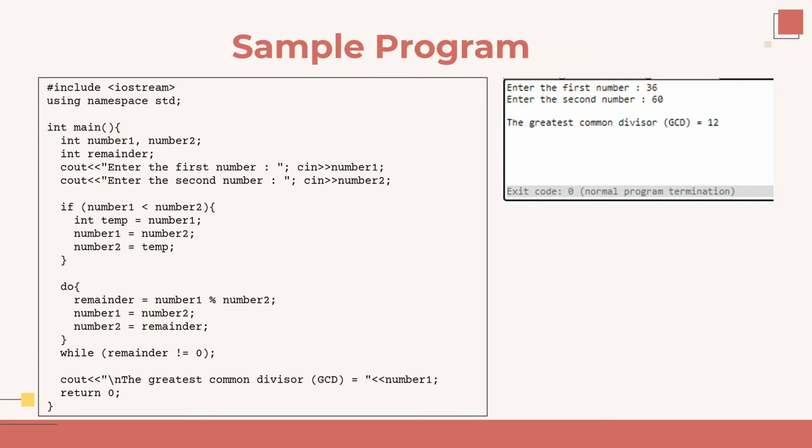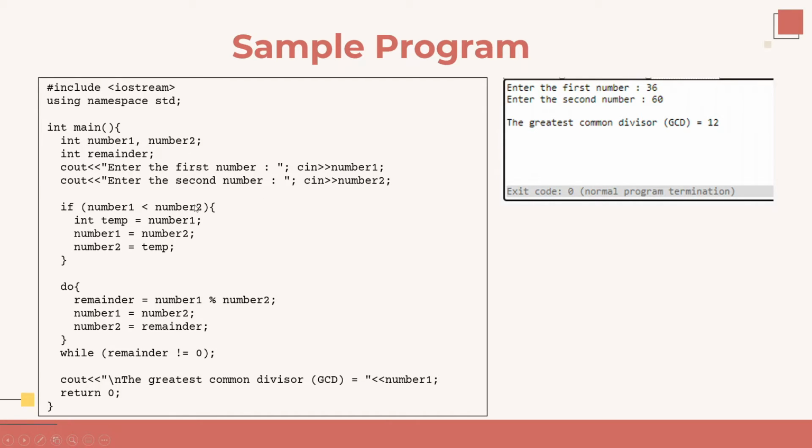And this is the sample program that uses the do-while looping structure. This program is used to get the greatest common divisor, or GCD, of two numbers. First, we need to declare the variables number 1 and number 2, and then we add the remainder variable to save the result of the remainder if we divide the two numbers. And then cout enter the first number, and the user inserts the first number in number 1, and then enter the second number, which will be inserted in the number 2 variable.